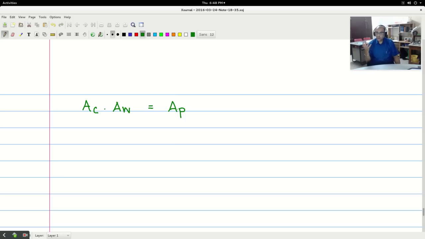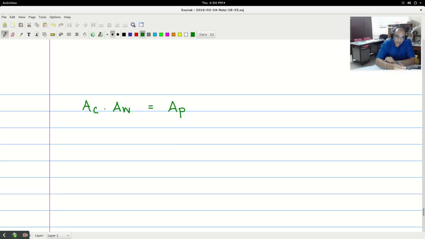So if you look at the core data sheet, there is a parameter called area product. Sometimes it is given, or AC and Aw will be given and you multiply and find out the area product. So you can list down the area products and choose that area product which is higher than the calculated area product.